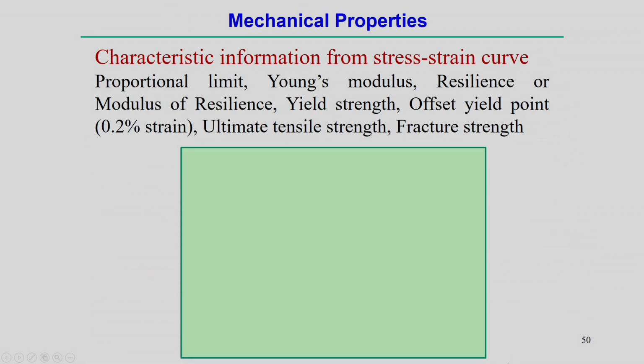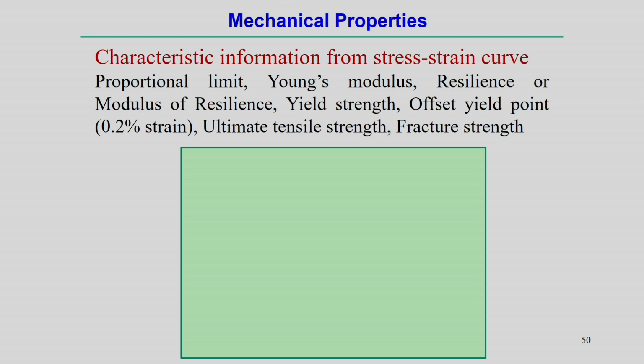So, what information can we get from the stress-strain diagram or mechanical testing of a sample? From the stress-strain diagram we can evaluate the proportional limit, Young's modulus, resilience or modulus of resilience, yield strength and offset yield strength, of course ultimate tensile strength, and fracture strength. All kinds of information we can get from a standard tensile specimen.